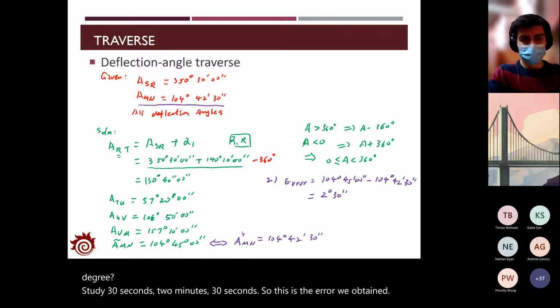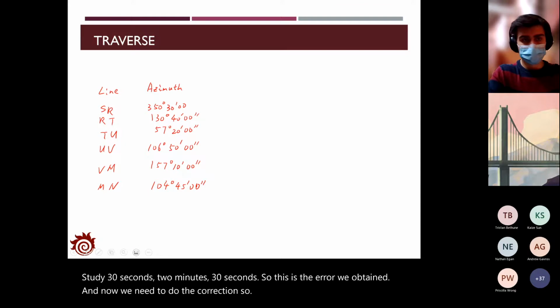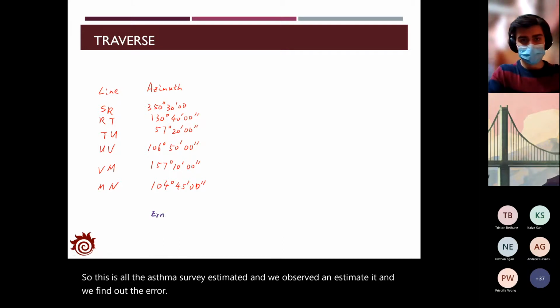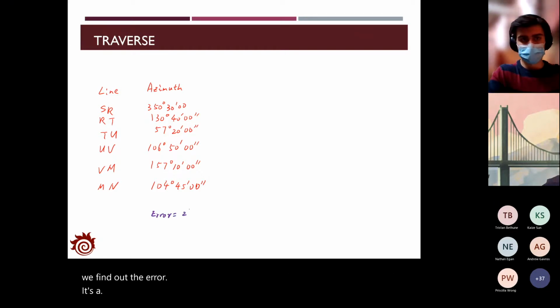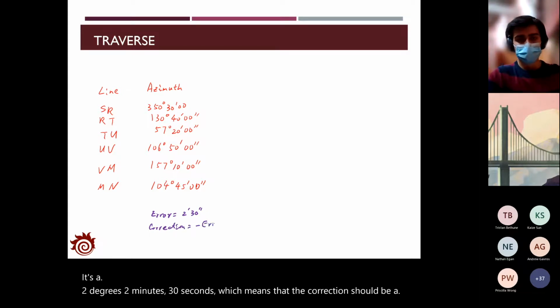And now we need to do the correction. So these are all the azimuths we observed and estimated, and we find out the error is 2 minutes 30 seconds, which means that the correction should be minus the error.